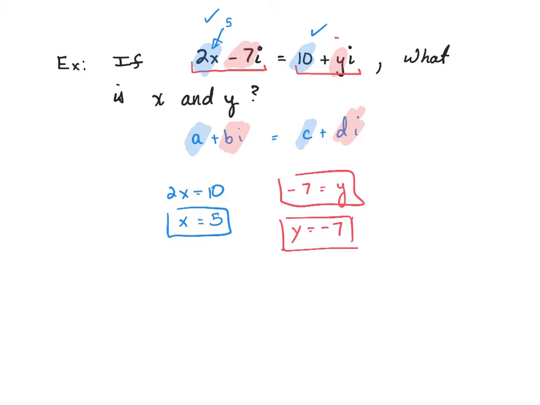And so if y is negative 7 and x is 5, you'd get 10 minus 7i, and the two sides would indeed equal each other. So all we had to do is figure out what x and y were. Put the real parts equal to each other, so a must equal c, and then b must equal d. The real parts have to equal each other, and the imaginary parts have to equal each other.